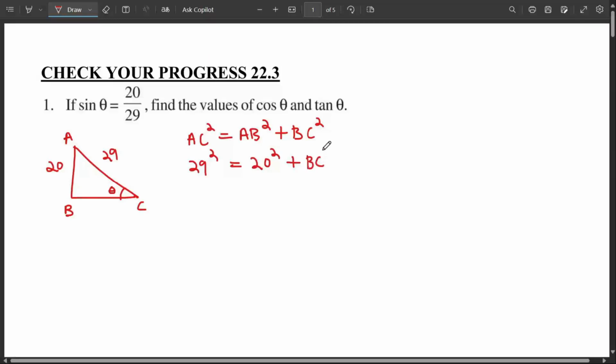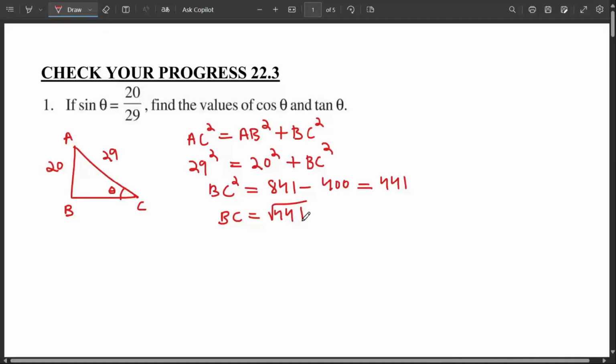So BC square is equal to 29 square, which is 841, minus 20 square, which is 400, which is equal to 441. So BC is equal to square root of 441.